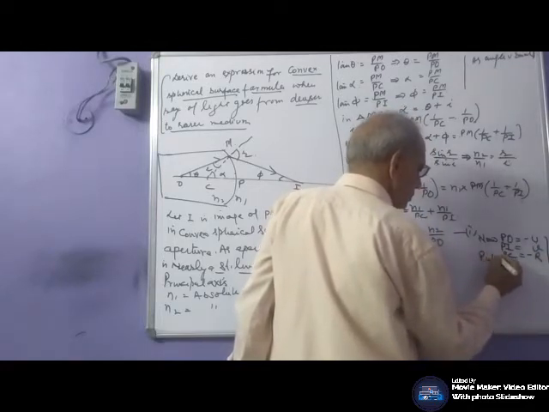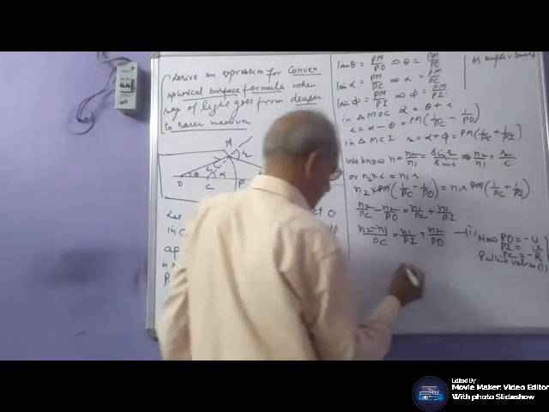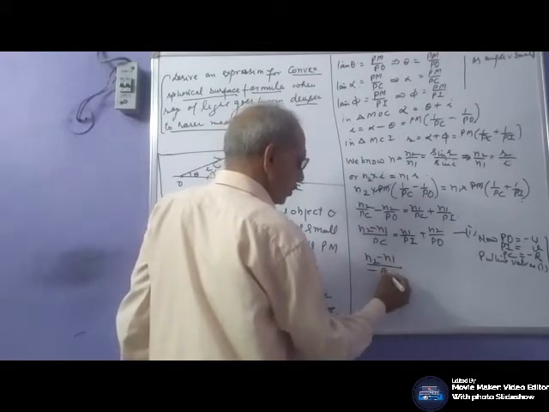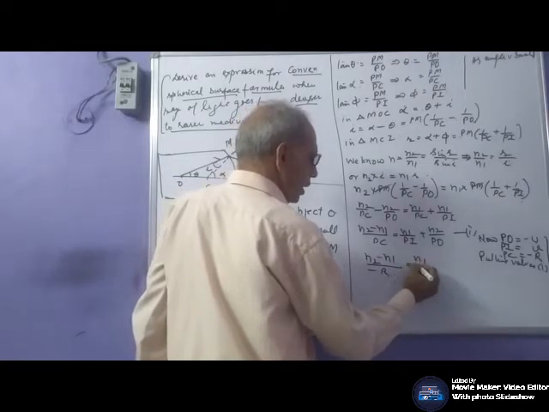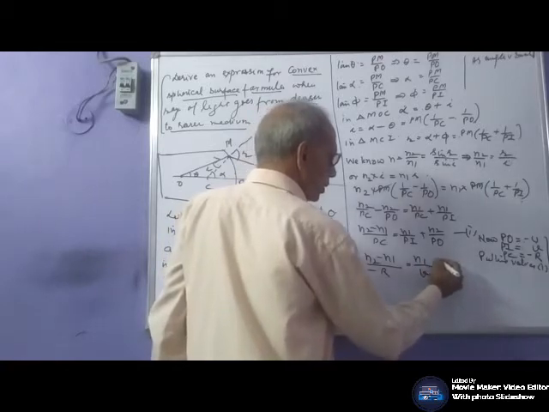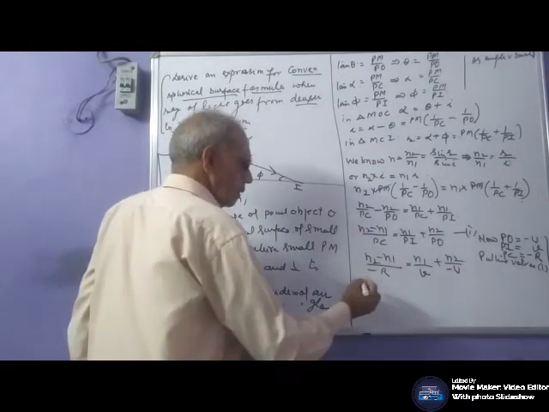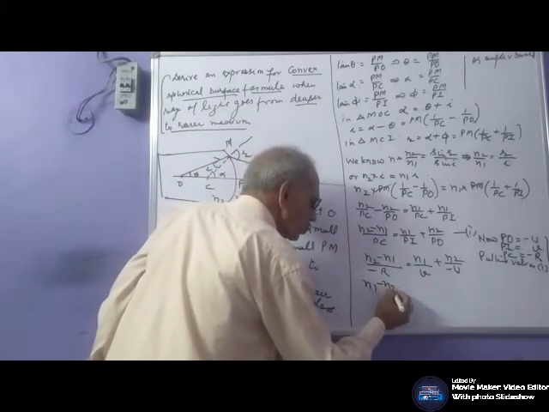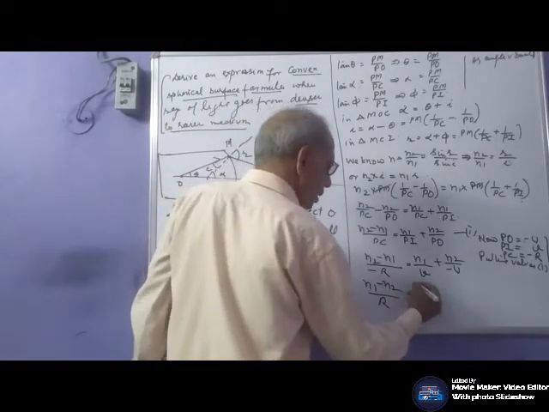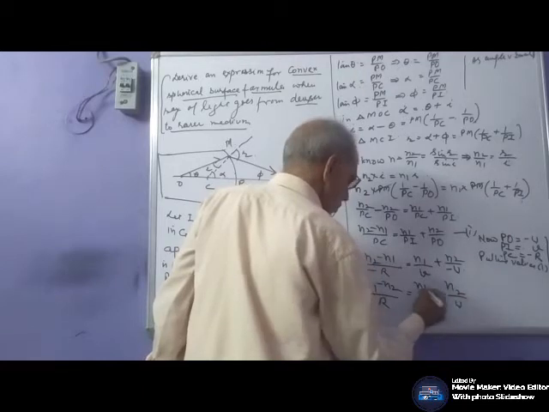Putting values in the first equation: N2 minus N1 by R, equals N1 by V plus N2 by minus U, which is N1 minus N2 by R. Solve it. It is N1 by V minus N2 by U.